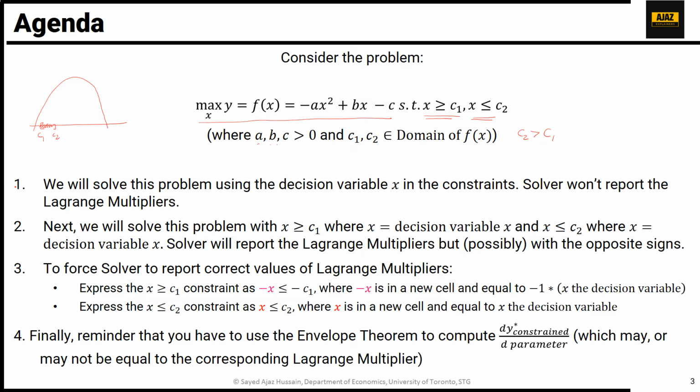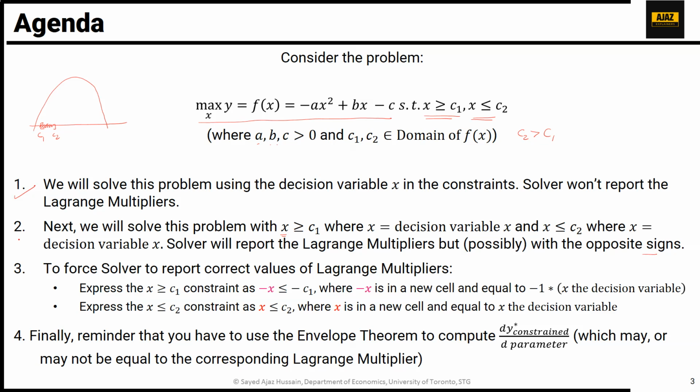First I'll demonstrate why, if you use the X decision variable in the constraints, you will not get the Lagrange multipliers. Next, I'll show you how to make up a new X so that you produce Lagrange multipliers. You'll see that it will. This is a new X that's equal to the decision variable, and you'll get the Lagrange multipliers, but the wrong sign.